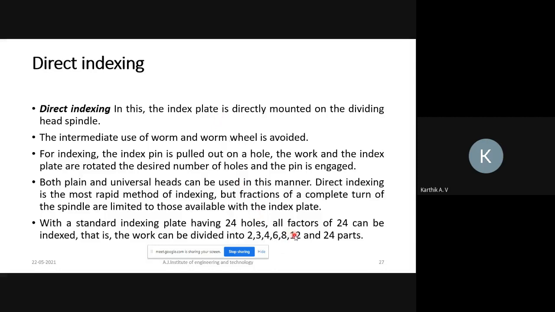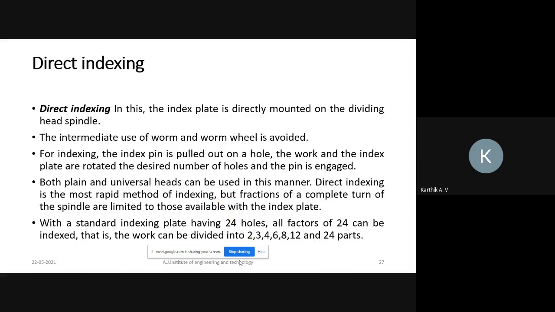Only you can take 24 multiples. So multiples of 24 are nothing but 2 times 12, that is 24. 3 times 8, 3 eights are 24, like that. So it should be a multiple of 24. Okay, then only you can divide the workpiece.